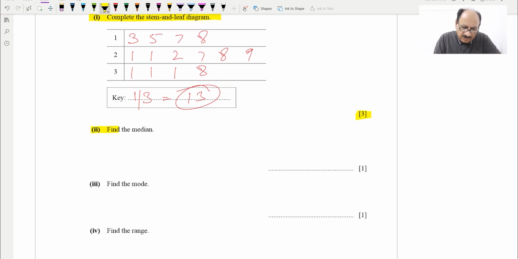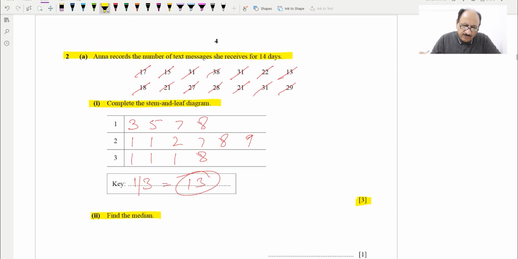Now for the second part, find the median. Median will be the middle value. If we check, there are total 14 numbers. So leaving 6 from this side and 6 from this side, the middle 2 numbers are these 2, which we can take as 2 and 7.